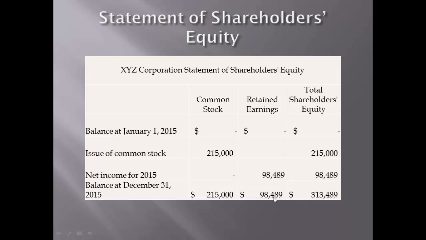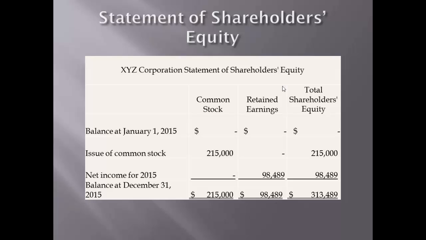Now, for XYZ Corporation, let's take note of two things. 2015 is its first year of operations. That is, focusing on the statement of shareholders' equity, 2015 is assumed to be the first year of operations. So the balances at the beginning are zero.